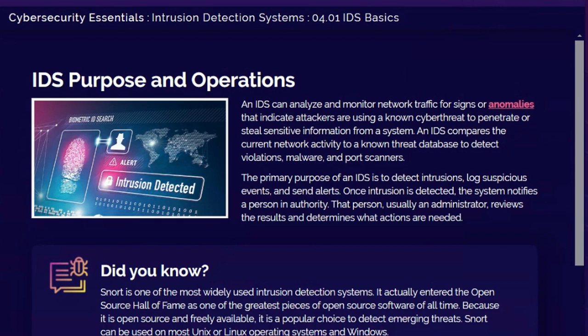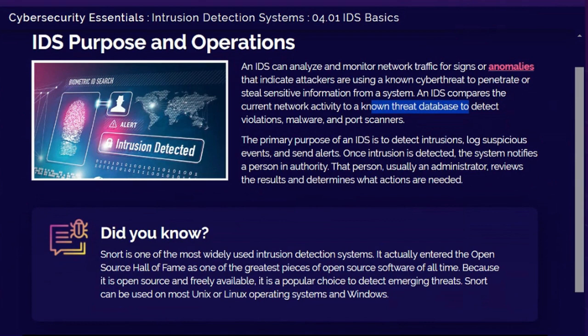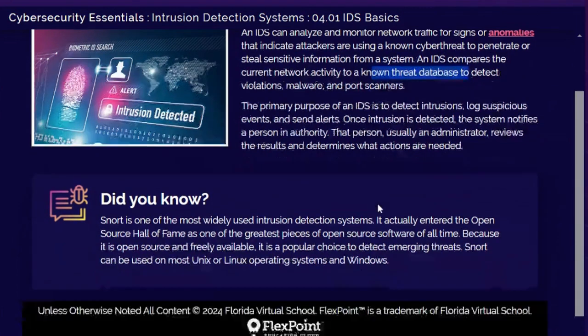So an IDS compares the current network activity to a known threat database to detect violations, malware, and port scanners. So the primary purpose is to detect intrusions, log suspicious events, and send alerts. And once an intrusion is detected, the system will notify a person in authority. That person, usually an administrator, reviews the results and determines what actions are needed.